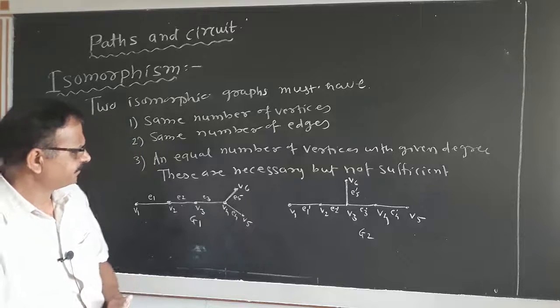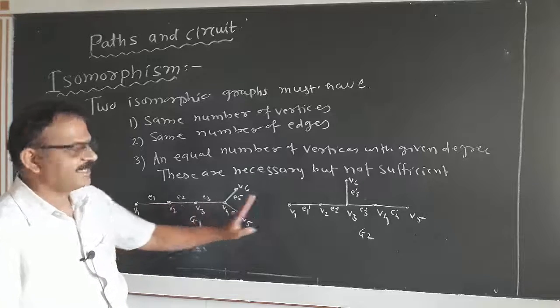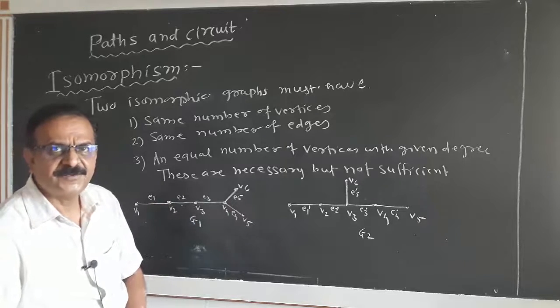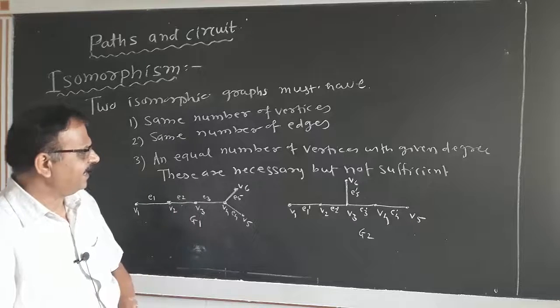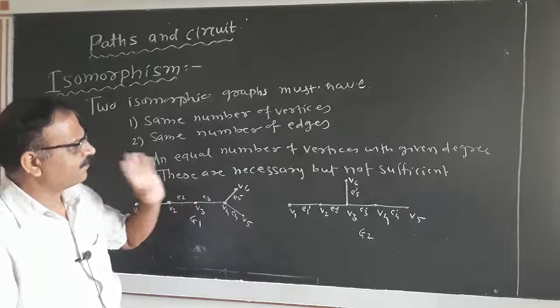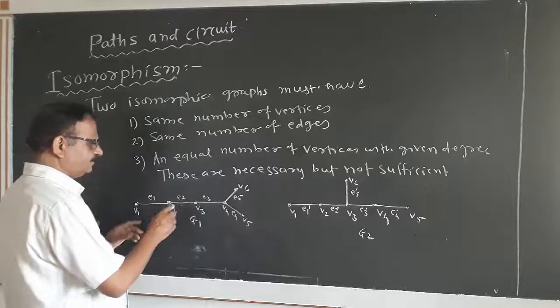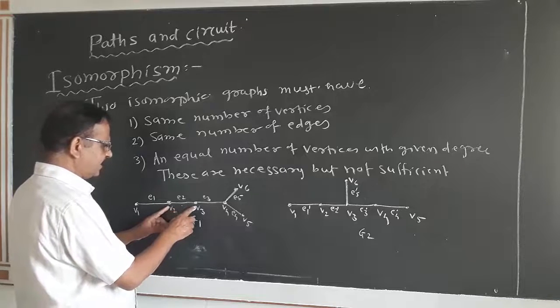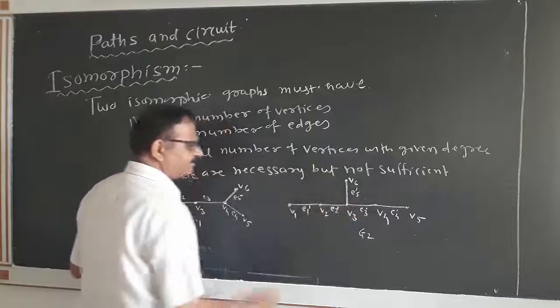See that the two graphs have 6 vertices, the same number of vertices. They both have 5 edges, and they have the same number of vertices of a given degree. Of degree 2, there are 2 vertices in this graph, and here also there are 2 vertices of degree 2.